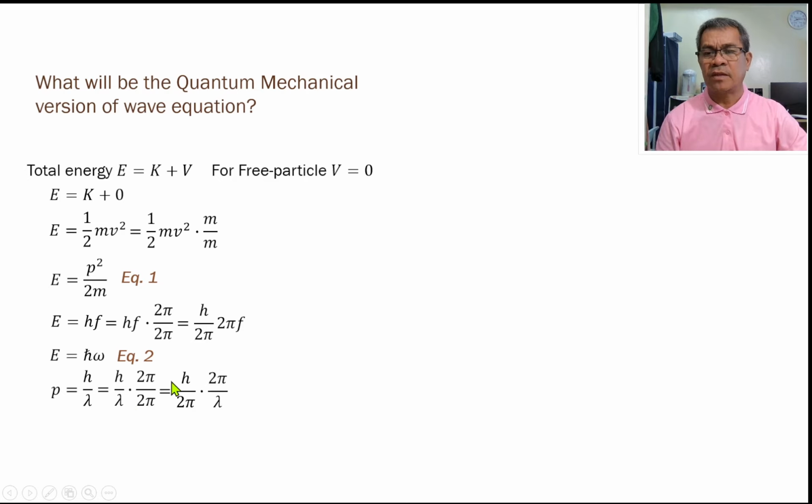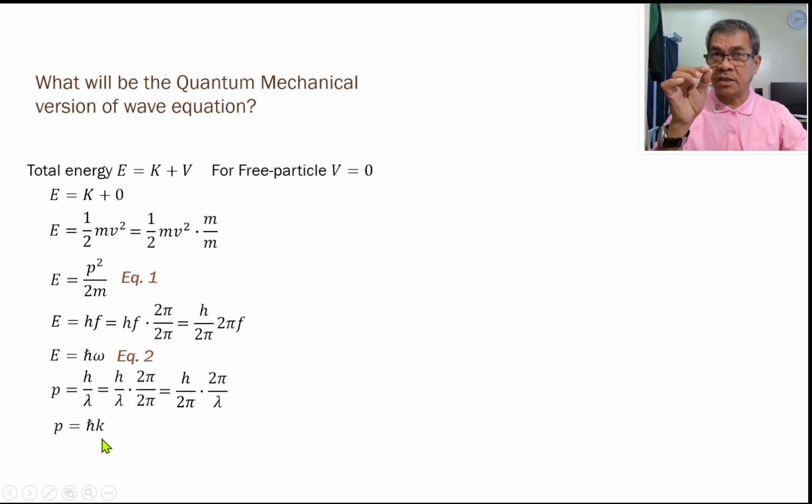Transforming this, we have h over 2 pi and 2 pi over lambda. The 2 pi over lambda, remember, is the wave number. This is k, and this is h bar, which means that the momentum in a wave description is defined as h bar times the propagation number. Remember, h bar is Planck's constant over 2 pi.